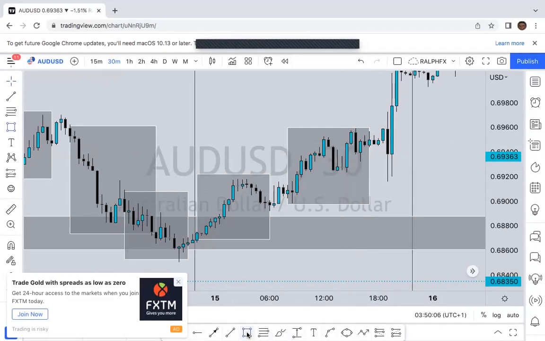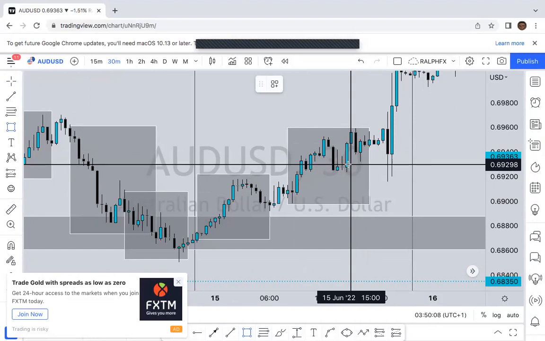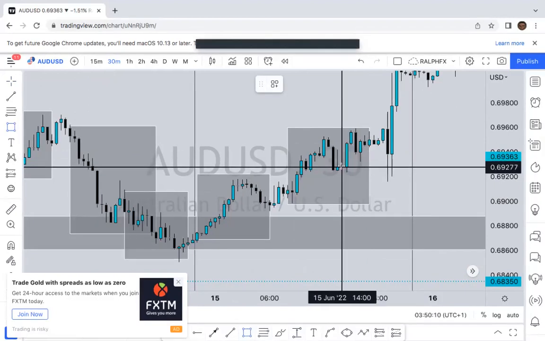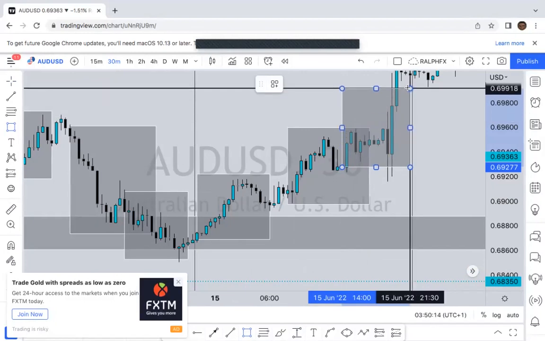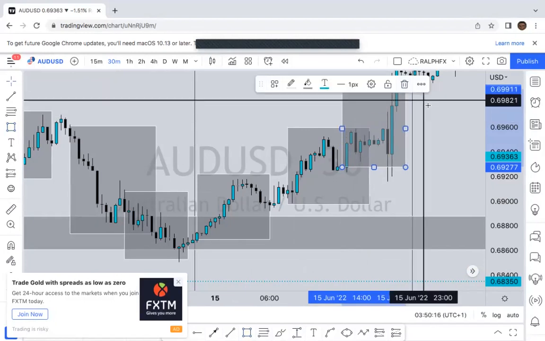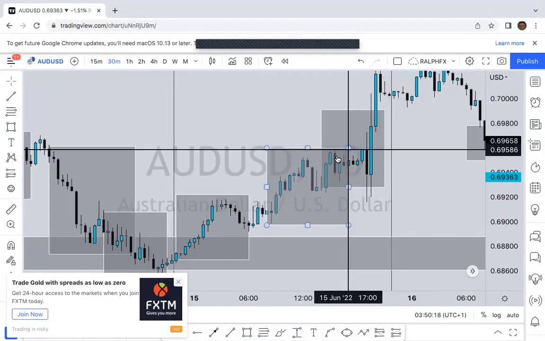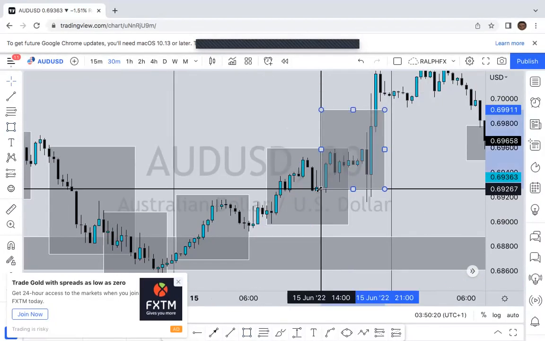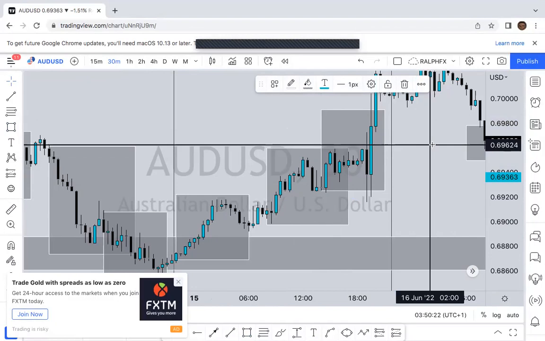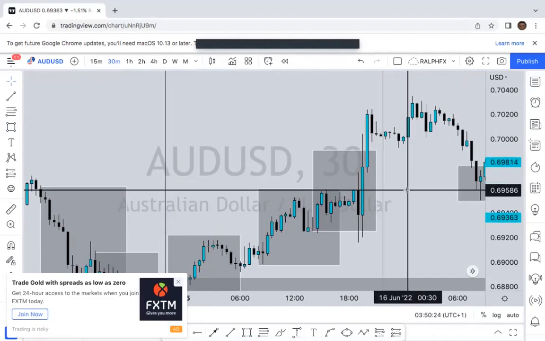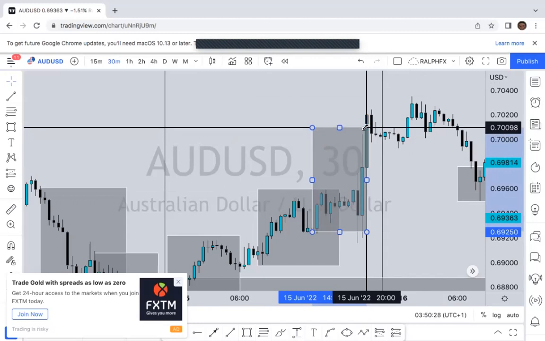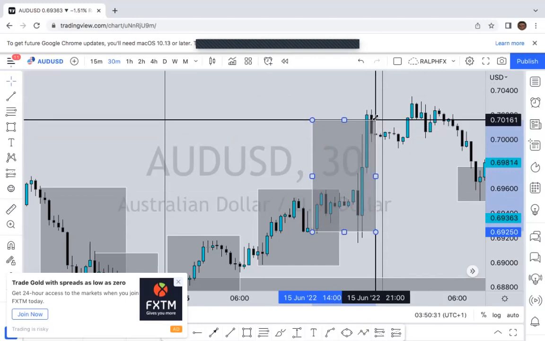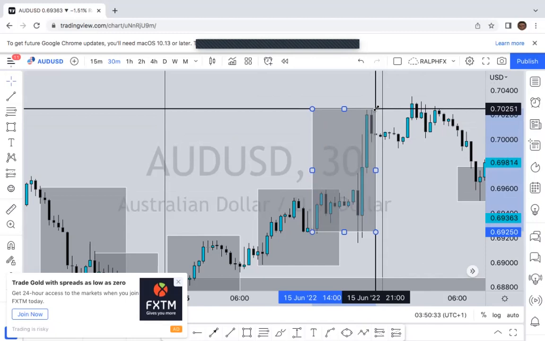And we had our New York session overlap, which was from 2 all the way to 9, right? 2 o'clock all the way to, there's a 9 o'clock candle. Yeah, this is the 9 o'clock candle here.